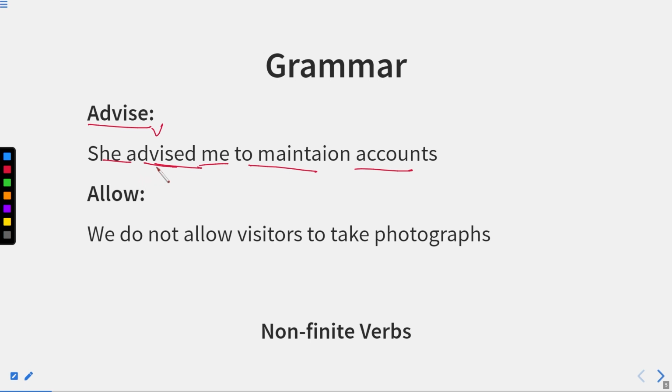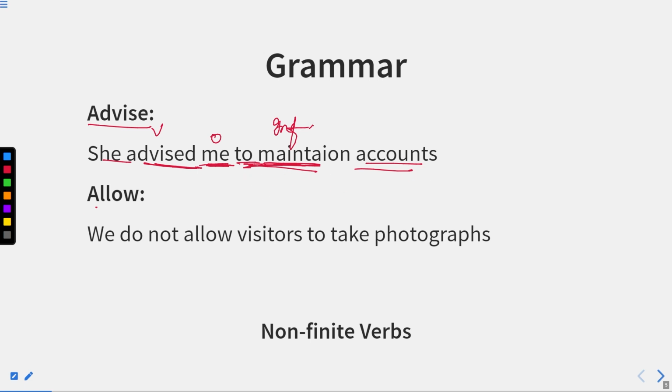So advised is the verb, and she advised whom? Me. So this is the object, and what? To maintain. So this is again like an object, but this is an infinitive because this is to plus verb 1. So this is infinitive or to infinitive, to maintain accounts.